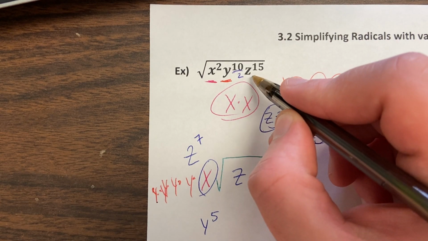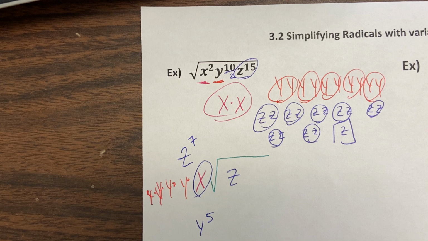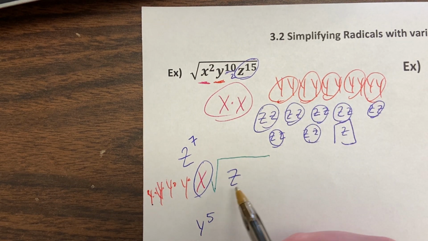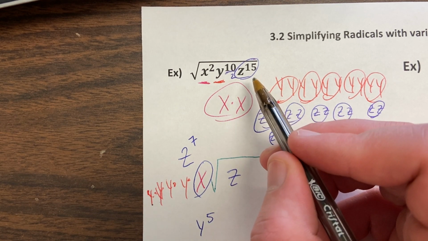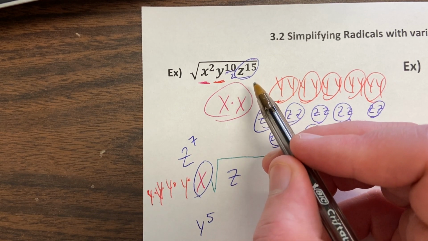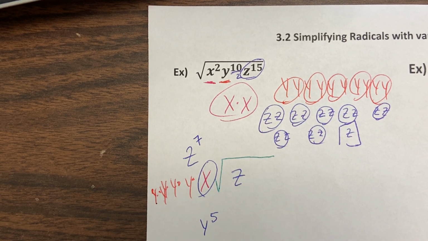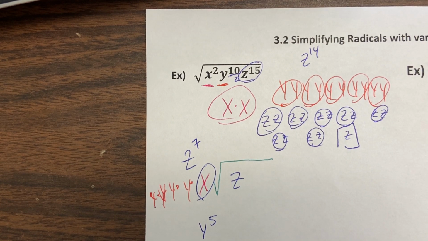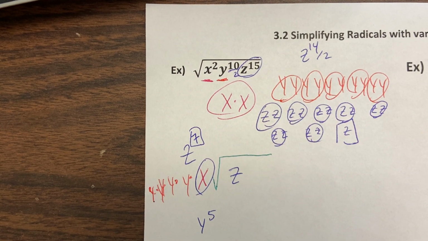And lastly, the other option you're going to be faced with is what happens if you have an odd number. 15 is an odd number. What we can do is keep 1 in the house. You take 1 away from an odd number, and now it becomes an even. So we take that 1 variable and put it inside the house. Now we have z to the 14th left over. How many pairs are there in 14? 14 divided by 2 gives us 7.